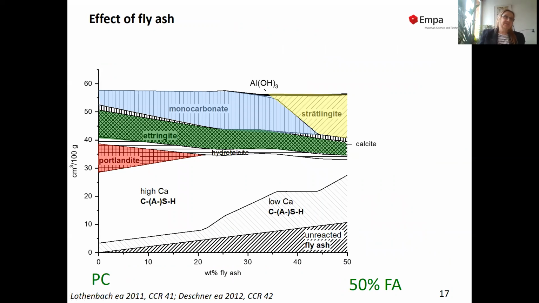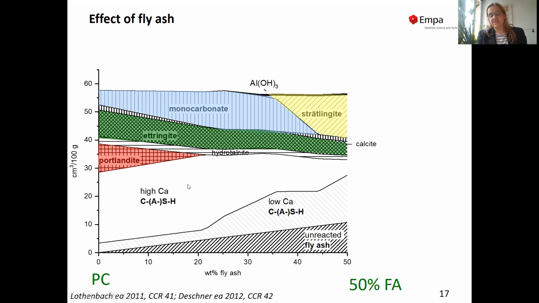As we did for the calcite, we can also use thermodynamic modeling to predict the effect of fly ash. I have here blended the Portland cement with up to 50% of fly ash, and we can see that if we replace more and more of the Portland cement by fly ash, we first predict the decrease of the amount of Portlandite.